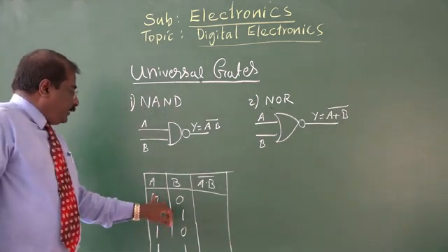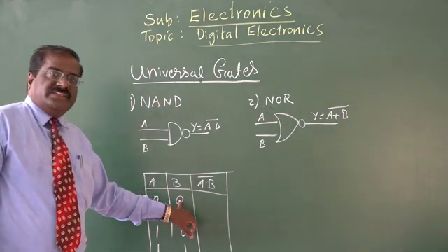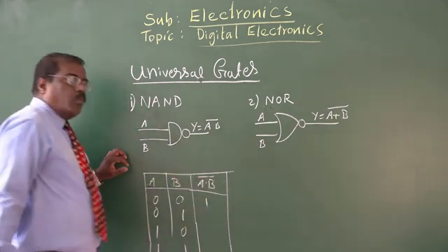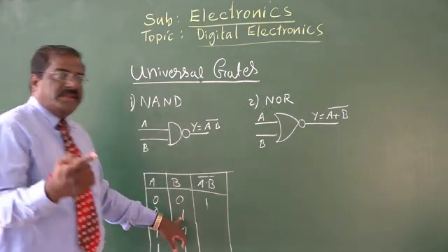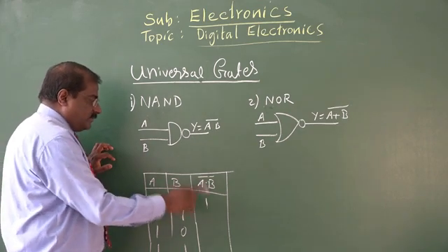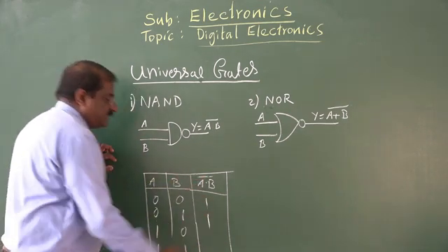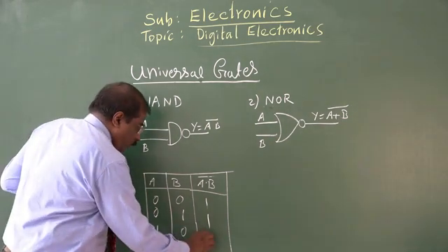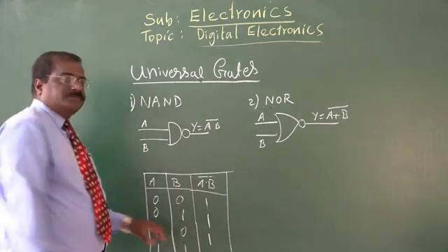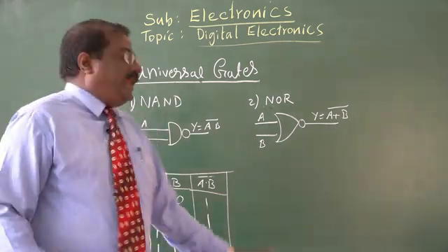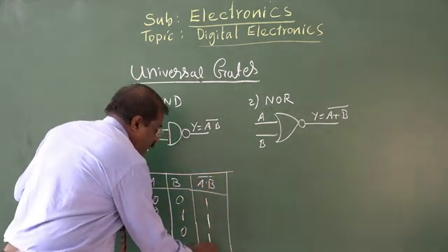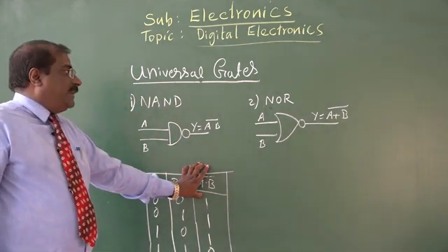According to this, 0 into 0 fetches you 0, but here it is complemented, so the output will be 1. 0 1, A dot B is 0, but with the complement it fetches you 1. Again in the same manner 1. Here for the AND gate, 1 1 is 1, but the output is complemented, so we take it as 0. This is what we declare as NAND function.